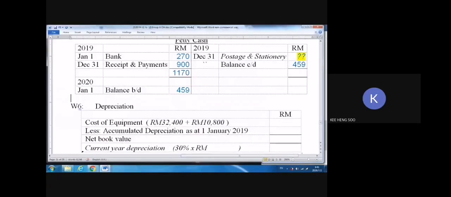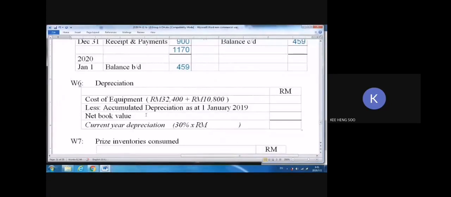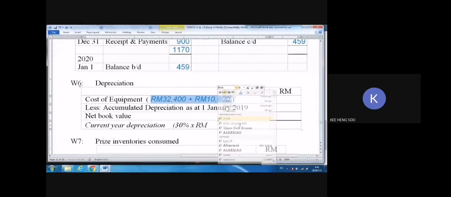And the next, depreciation. Do you see your equipment? Your equipment is given in the question. Equipment is 32,400. You buy a new one. You know where you buy the new one?